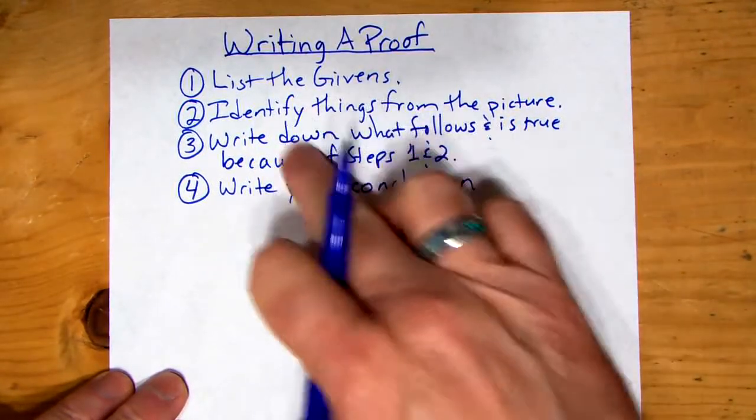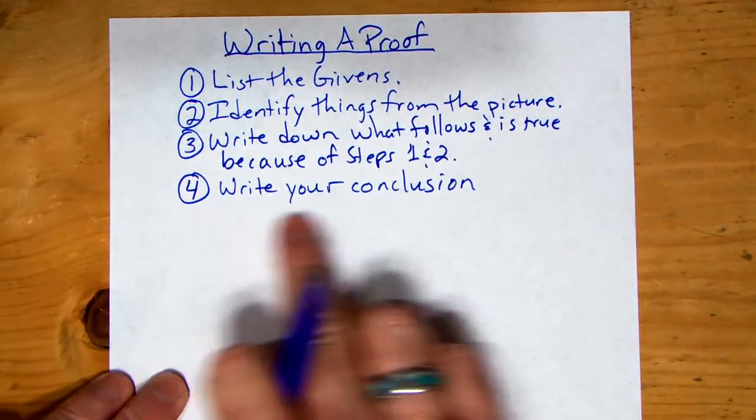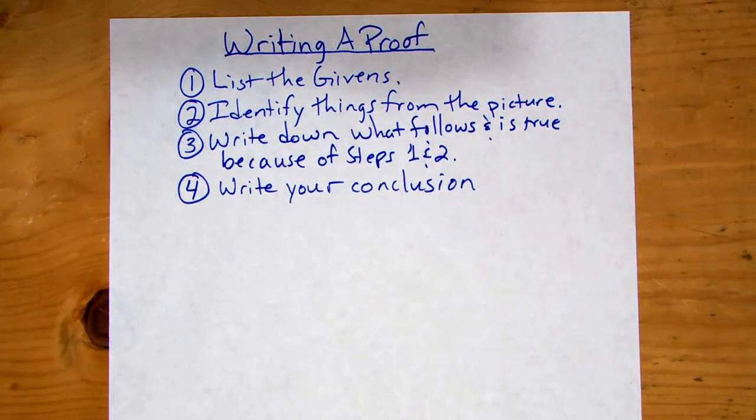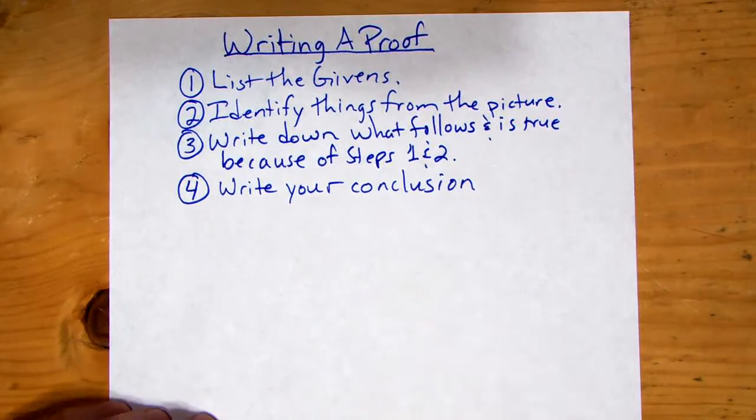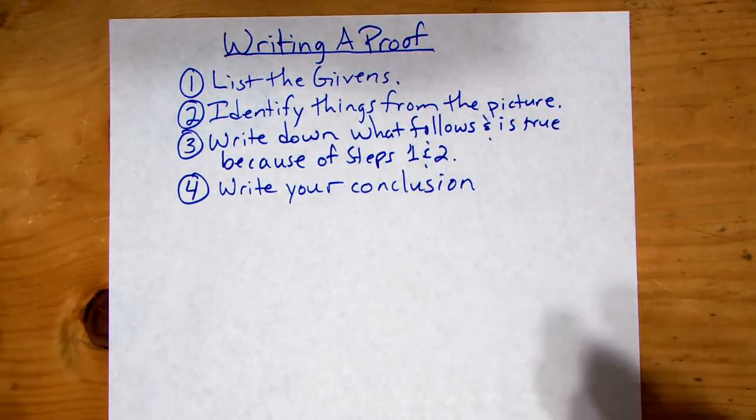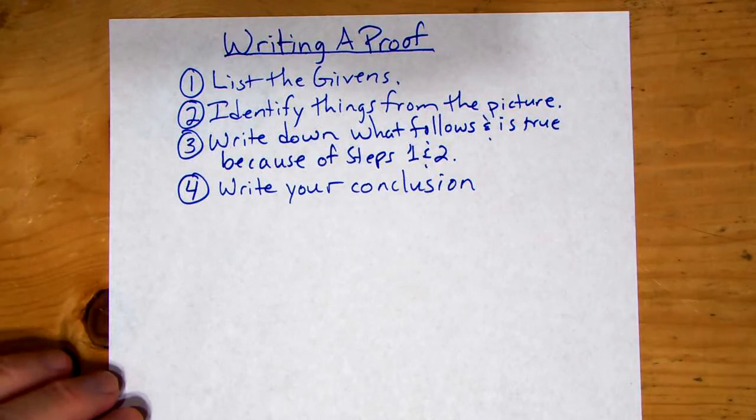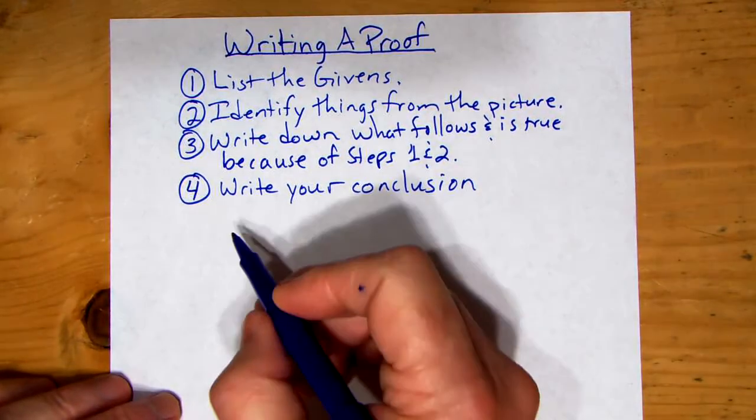That's what you're doing in these parts up here. And then for your conclusion, you always want to write what is the thing that I was asked to prove? And now, what about the picture means that I have actually accomplished that process. So that's the main steps for writing a proof.